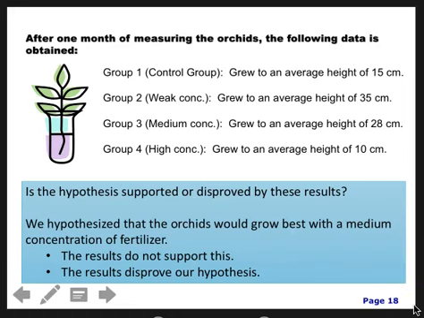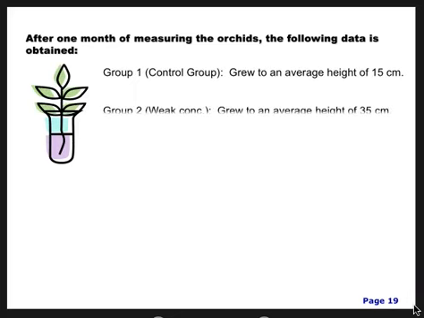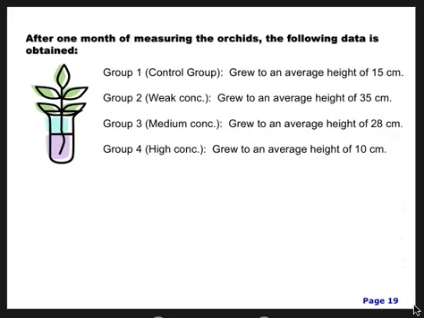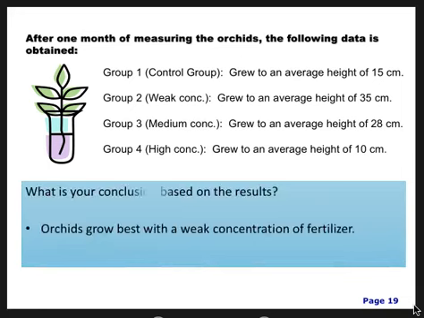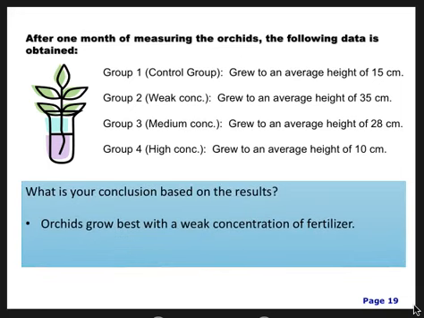It actually appears that the weak concentration of fertilizer did. So my results do not support my hypothesis, and my hypothesis is disproven. I'm going to give you that same information, and I'm going to ask you a different question now. What is your conclusion? Remember, we have to analyze and conclude.